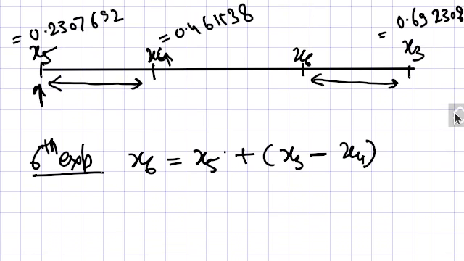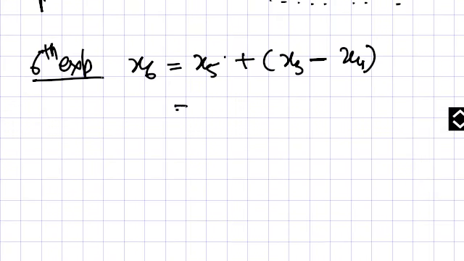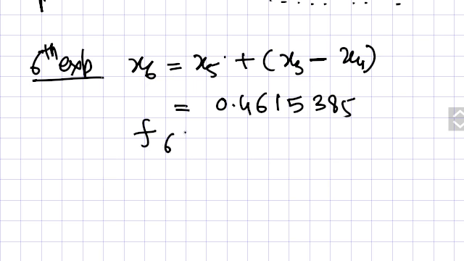Or you can take this distance also, x4 minus x5 you can put here also, but I put this distance, so in both ways you will get the same point. So if you put these values, you will get 1.4615385. This is the point, and at this point the function value is minus 0.3098092.